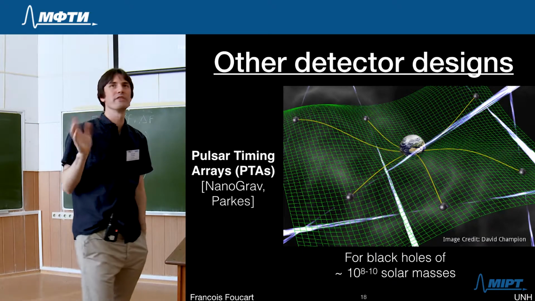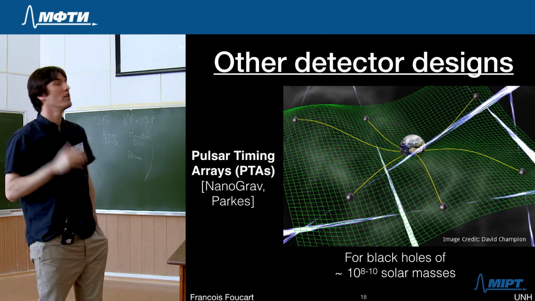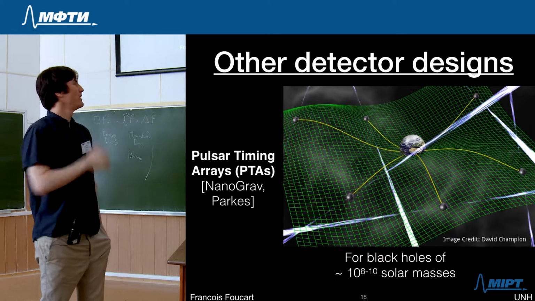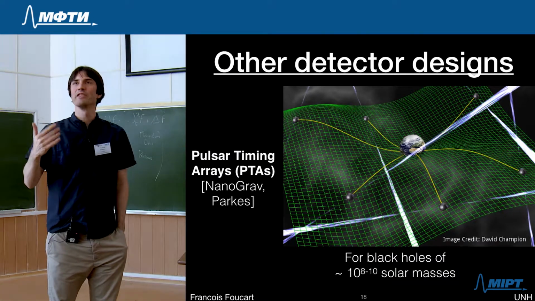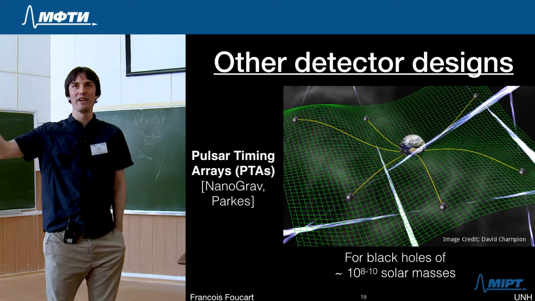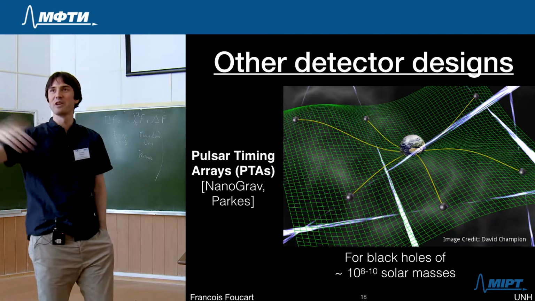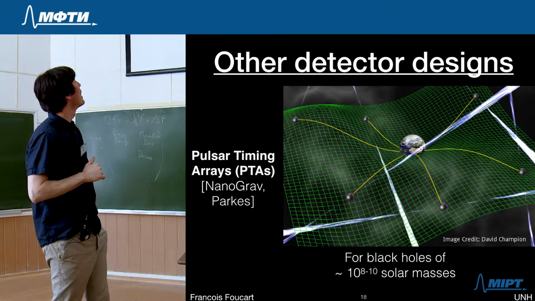This is a completely different regime from LIGO. Obviously, we don't take data from every single pulsar every millisecond, so you're not going to be sensitive to kilohertz gravitational waves. You're sensitive to very slow variation in the gravitational waves.